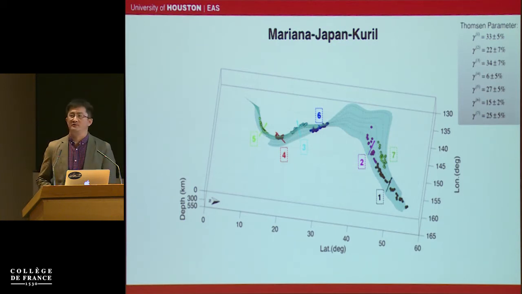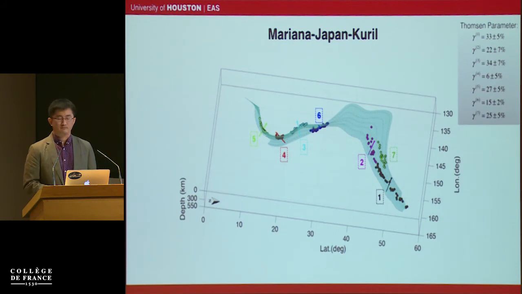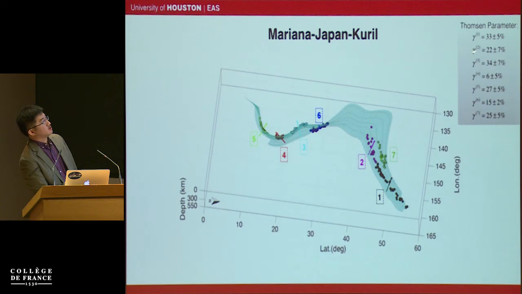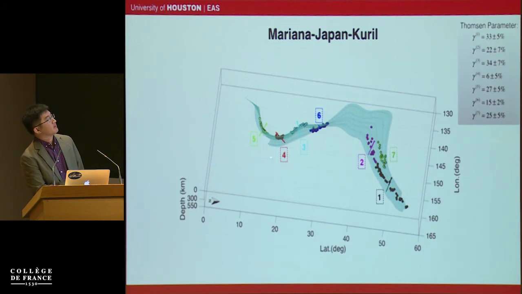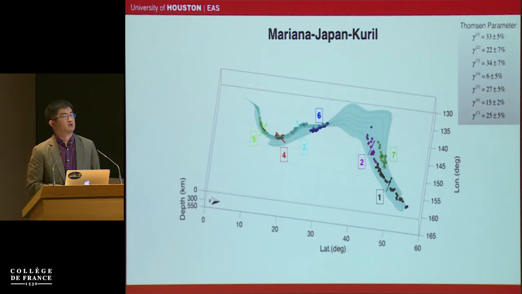Those are two deep focus, deep earthquake groups. And again, the anisotropy is large, except for this group 4, which seems not very perpendicular to the slab interface, but oblique, though more or less in the same direction. Again, it's around 25, 22, 30, 27% anisotropy.